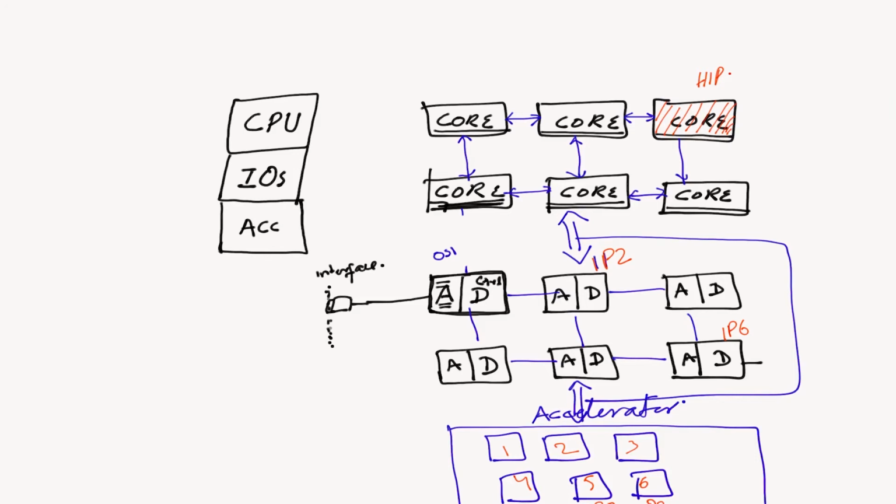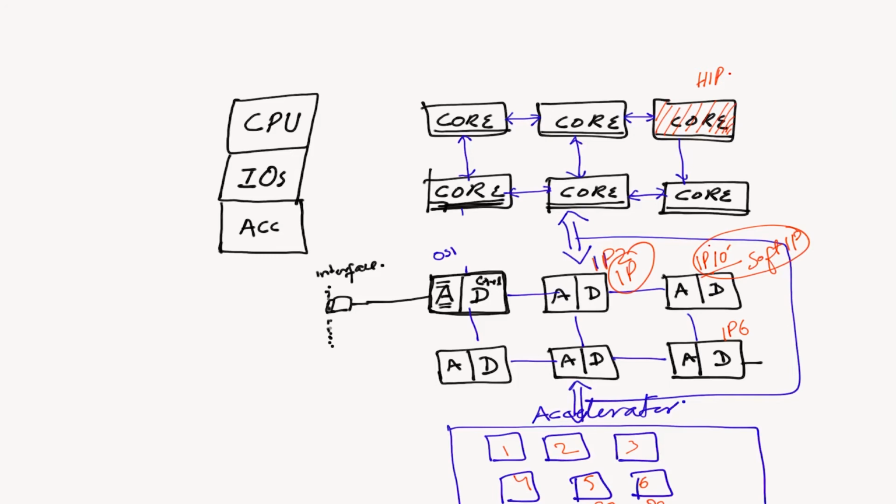Let's say this IP, let's call it 10. This is a soft IP. Then we also have in-house development, and that we call an IP there. These are the different building blocks. I'm not going into too much detail within each, but at a higher level, these are the basic building blocks.